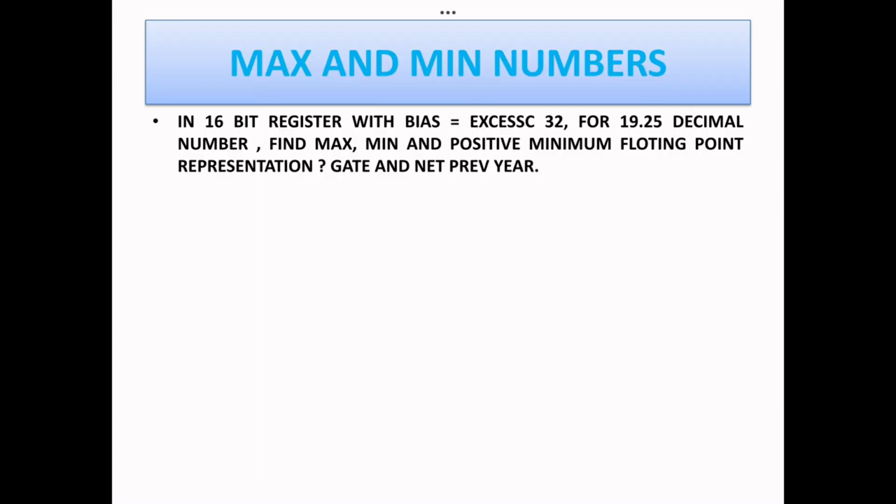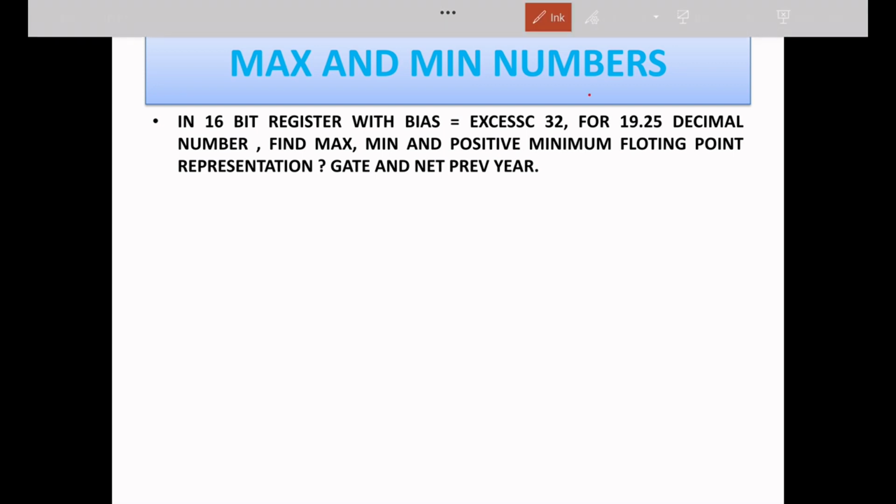Now I will discuss another question. This is very important. In a 16-bit register with bias excess 32, for the 19.25 decimal number, find the maximum and minimum positive floating point representation.